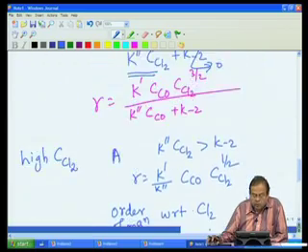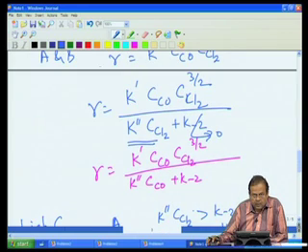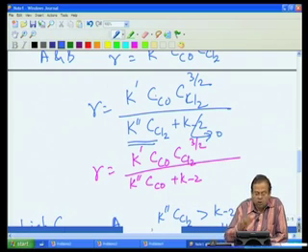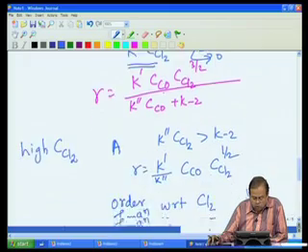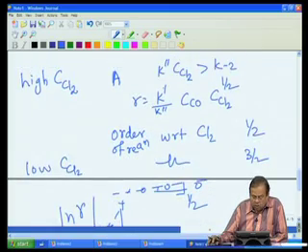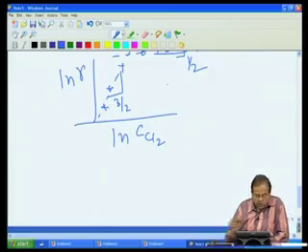What about with respect to carbon monoxide? With carbon monoxide, at high concentrations or low concentrations or whatever concentration, the order is always 1. So, what is the summary?